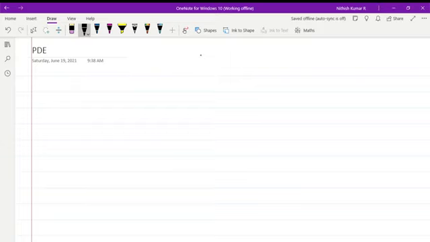So we shall see the definition of a partial differential equation, an nth order partial differential equation. So we shall begin by the definition.